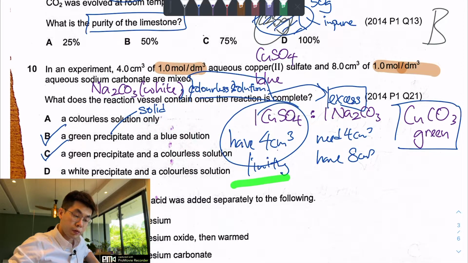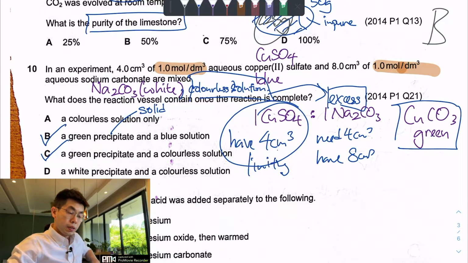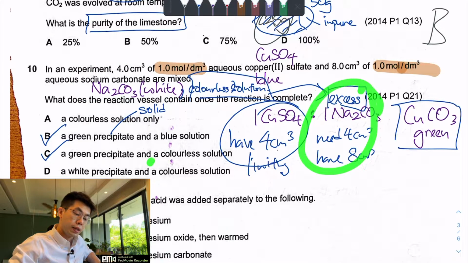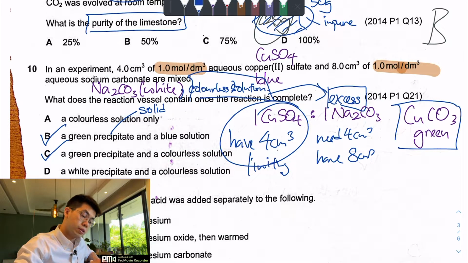However, because copper sulfate is limiting, we know that there's no more copper sulfate. Colorless solution will mean that we have sodium carbonate left, right? And because sodium carbonate is in excess, we know that there's extra. So therefore, there is sodium carbonate left and there is copper carbonate inside. So this would be C.